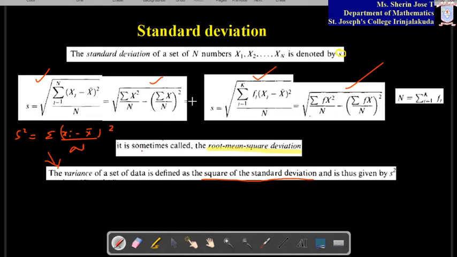If you are asked to find the variance, no need to find the root, directly find this value inside, that will give you the variance. If you are asked to find standard deviation, you find the root of variance. So standard deviation is the same as root of variance, or root of s square, where s denotes standard deviation.